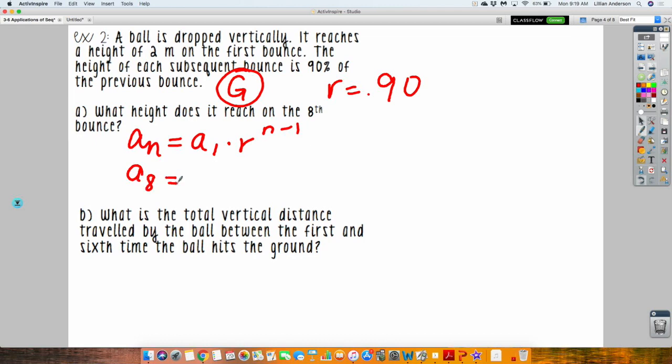What's A sub 1? 2 meters. It's A sub 1 times R, 0.90, to the 8 minus 1. What's 8 minus 1? So essentially this is 0.90 to the 7th power.